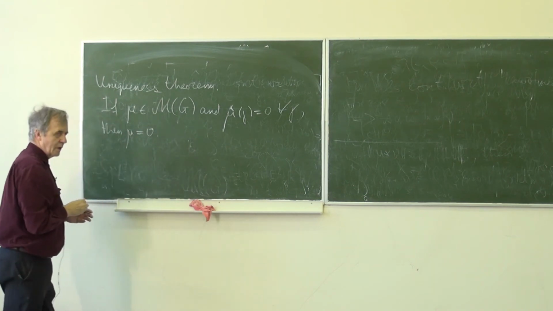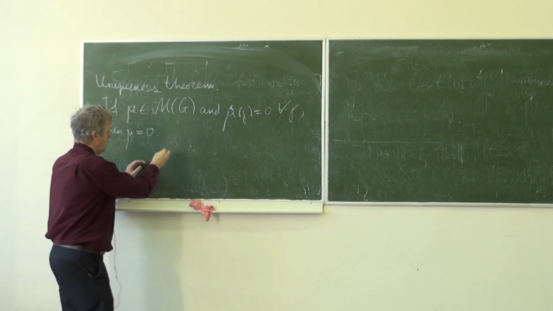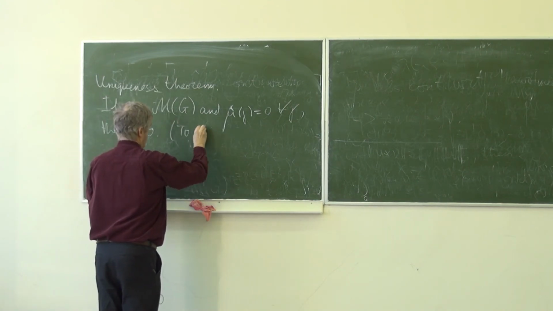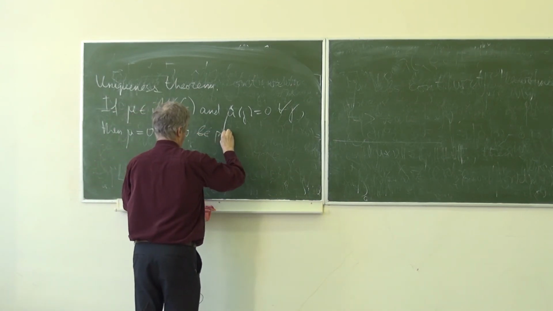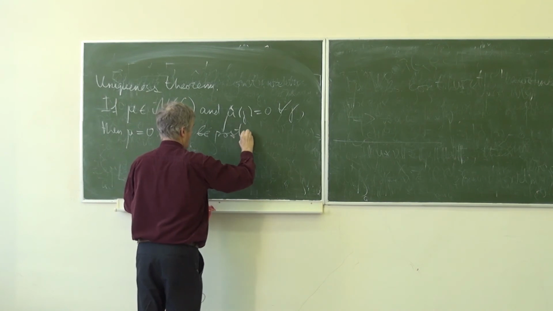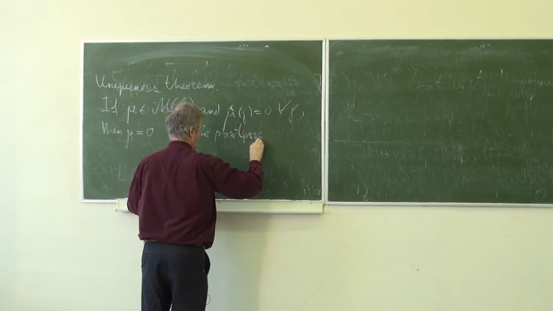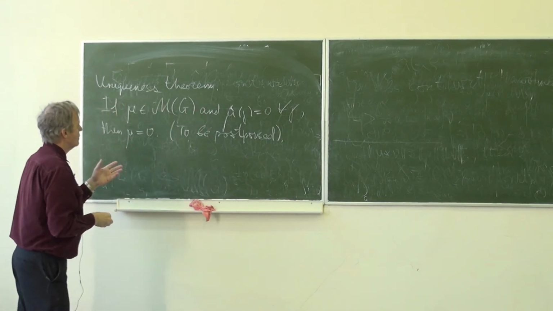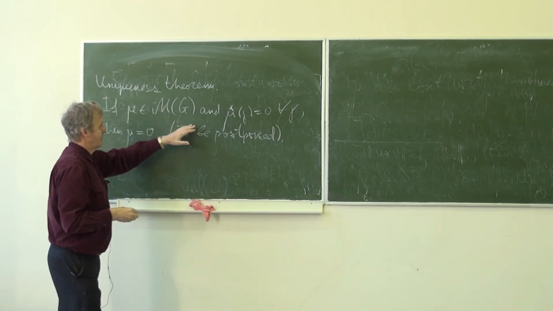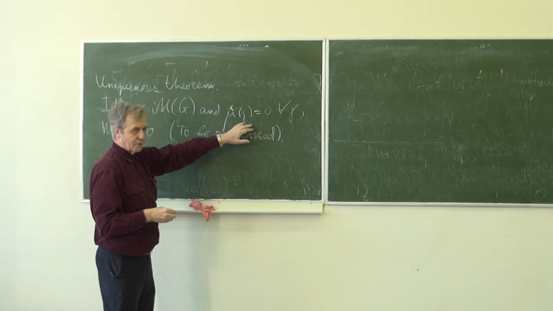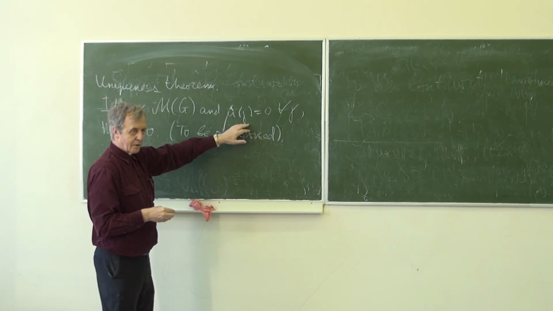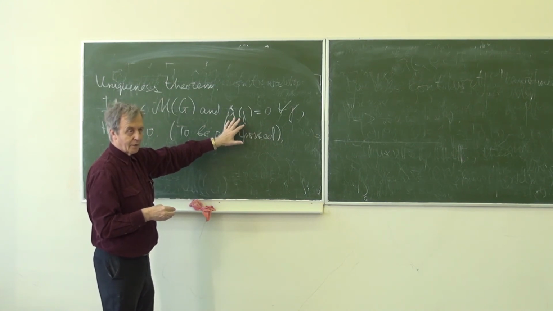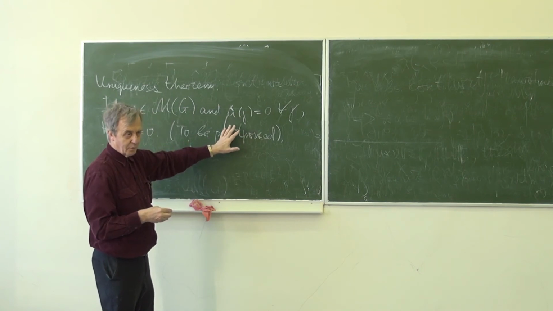This is not easy, and this will be postponed. So in particular, this means that there are fairly many characters on G, because there are sufficiently many characters to distinguish measures. And right now we don't know if there are many characters. So right now it is not accessible to us.